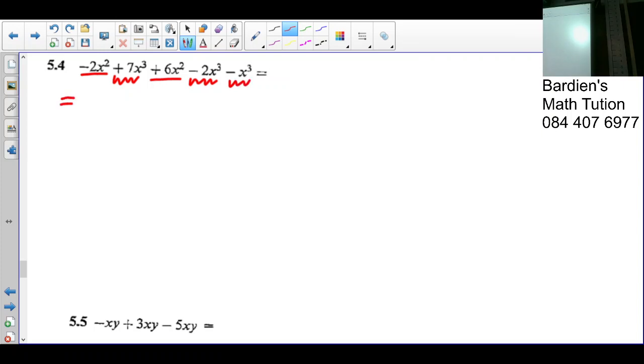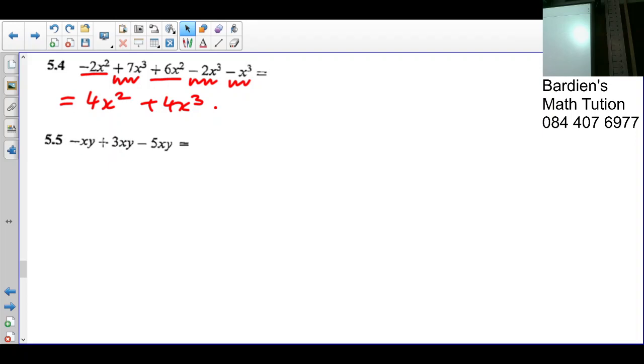So, negative 2x squared plus 6x squared is 4x squared. 7x cubed minus 2x cubed, 5x cubed minus x cubed, 4x cubed. Are those like terms? No. Why not? The exponents are not the same.